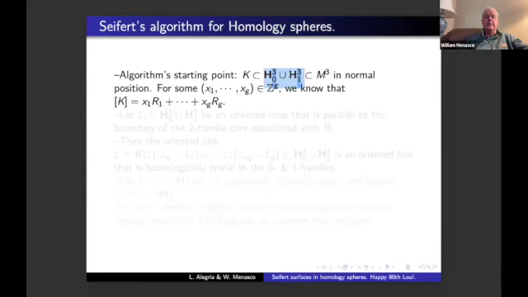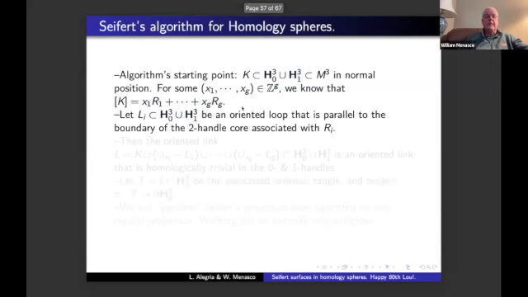The homology class that it represents can be written as a linear combination of the relators. And there'll be g relators because there's g two handles, and it'll be an integral solution to this.